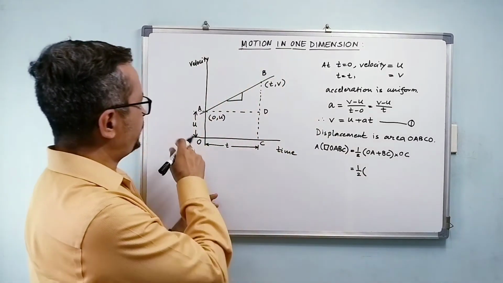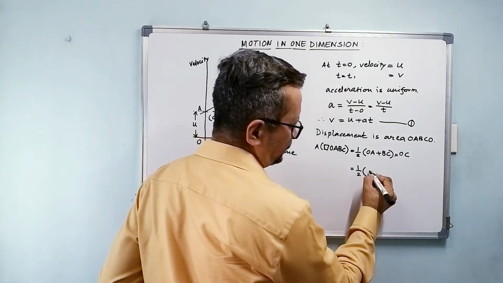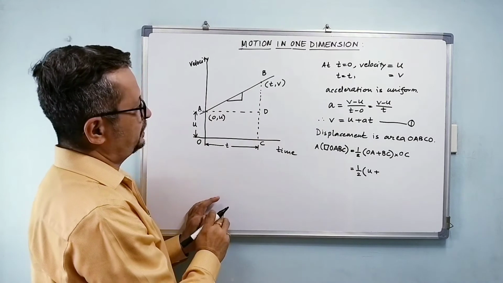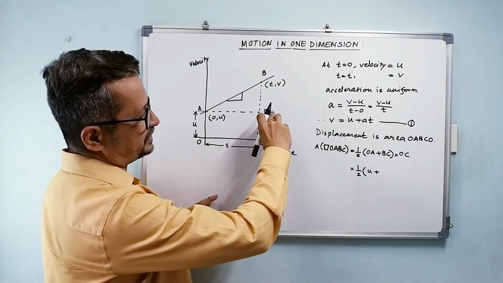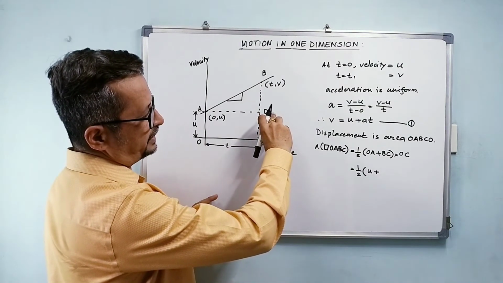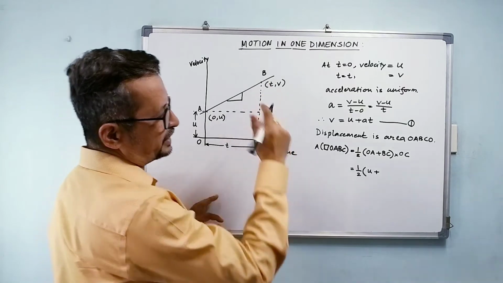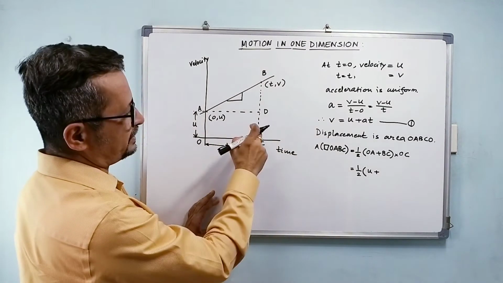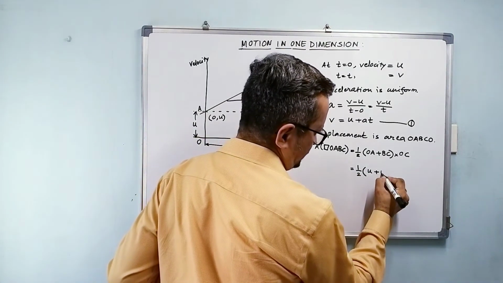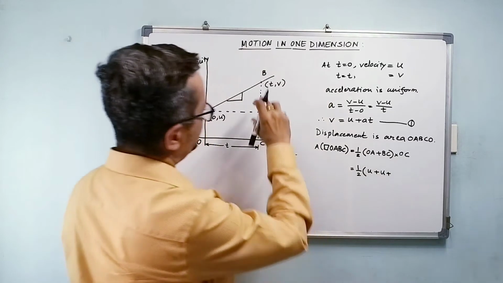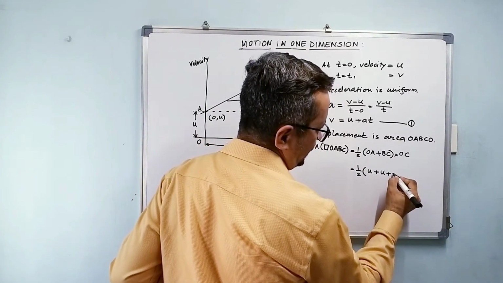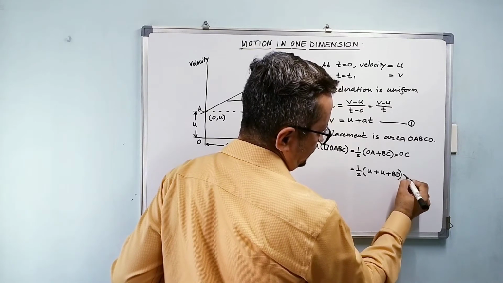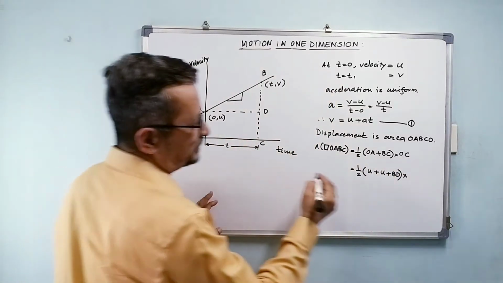Now what is OA? Is it not u? Plus BC, which is CD plus BD. CD is u plus BD, into my OC, which is t.